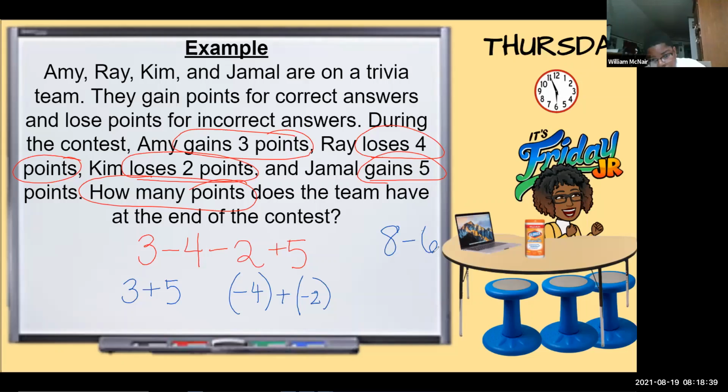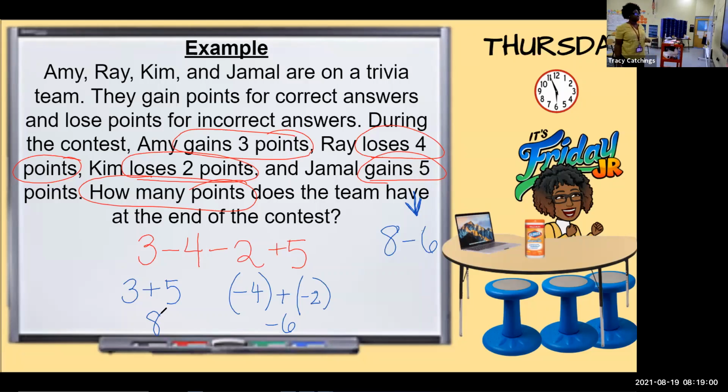Good morning, Devontae. Try to get up a little early. All right. So notice when we wrote negative 6, I didn't put any additional sign with it into that expression. We wrote it as the 8 that we got from 3 plus 5, and then just minus 6. So now when we look at 8 minus 6, what answer will we get? 2.